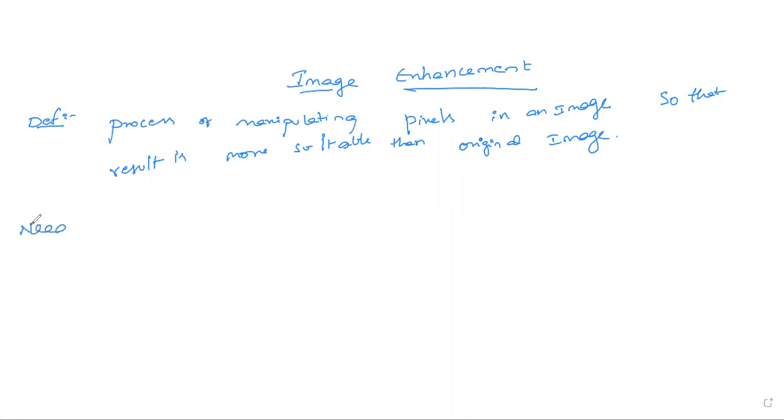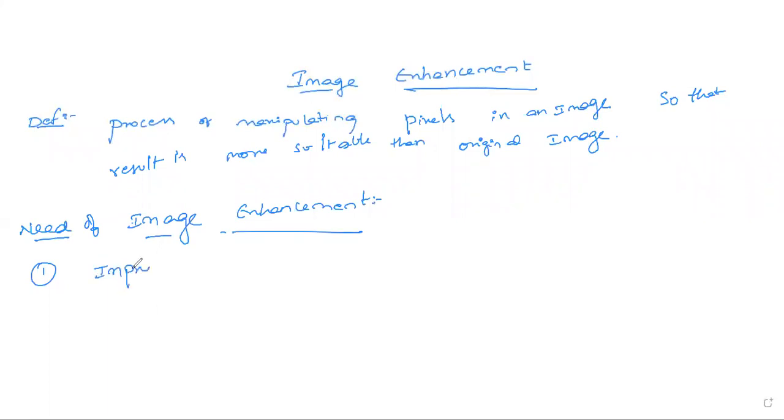Simple. So, need of image enhancement. If you manipulate the pixels, what happens? First thing is it improves the quality of the image for human perception or human vision.